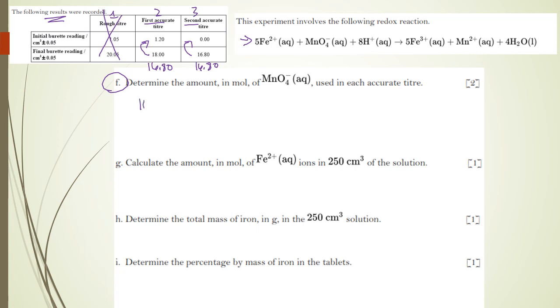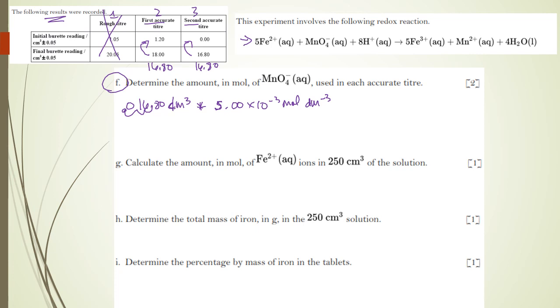So we're going to take our 16.80 cubic centimeters of, remember that of means multiply, from the previous slide, 5.00 times 10 to the minus 3 moles per cubic decimeter was the concentration of our permanganate. So I'm going to turn my cm3s into dm3s by dividing by 1,000: 1, 2, 3, so 0.01680 times 5 times 10 to the minus 3.